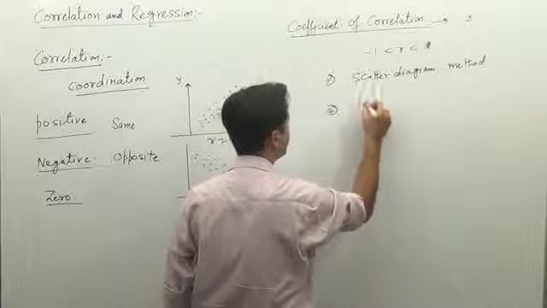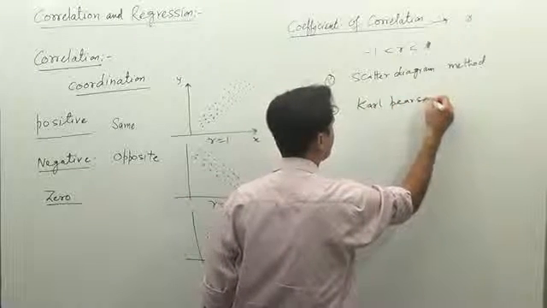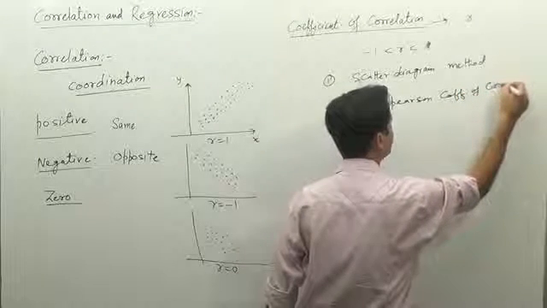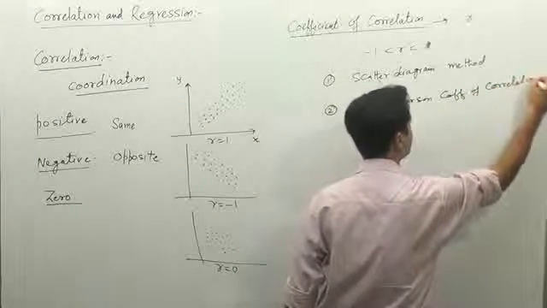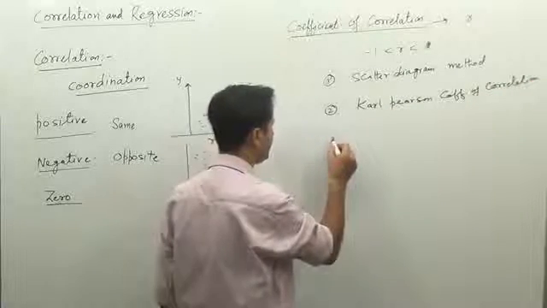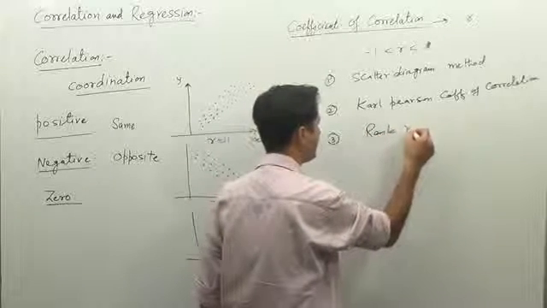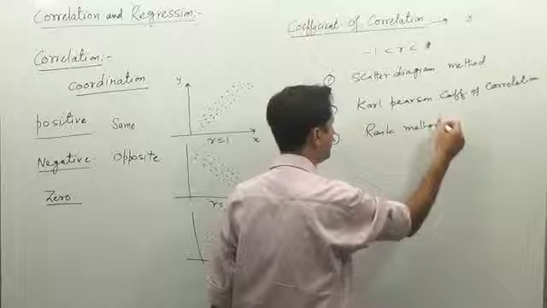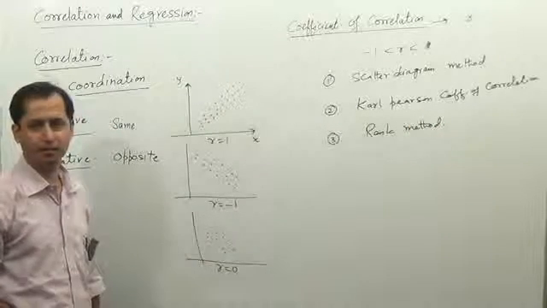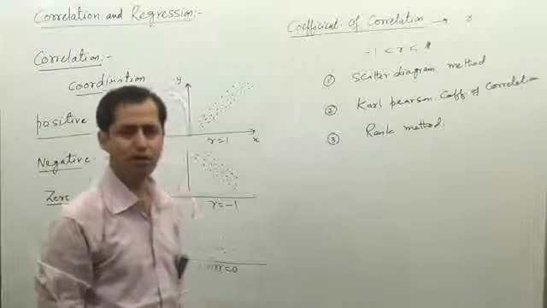Second method is called Pearson coefficient of correlation. And the third one, that we call a rank method for finding the correlation. So three methods for finding this correlation. Okay, so we will discuss these three methods one by one.